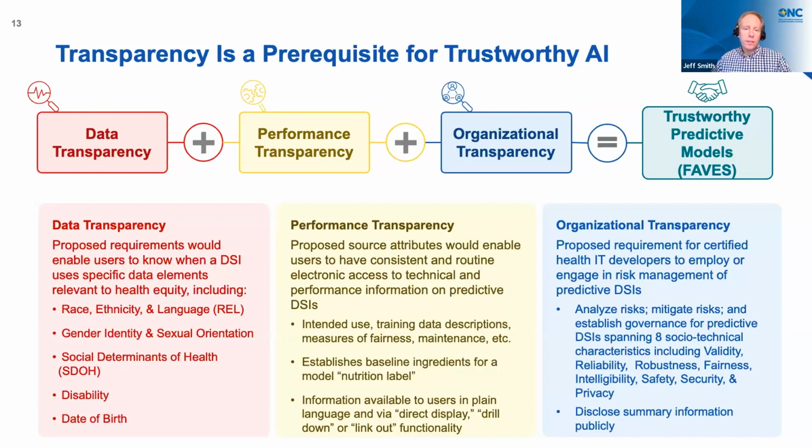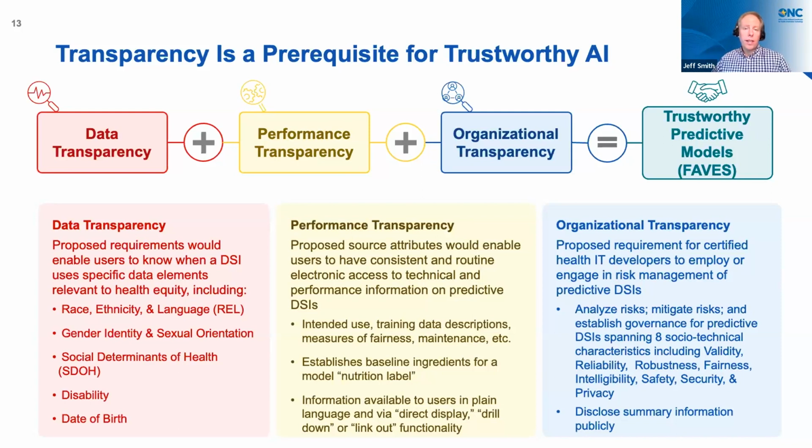So we did propose a host of what we called intervention risk management practices. And this would essentially require that for each predictive decision support intervention that a developer develops or authors, they would be required to analyze risks and mitigate those risks and deploy and employ governance practices.